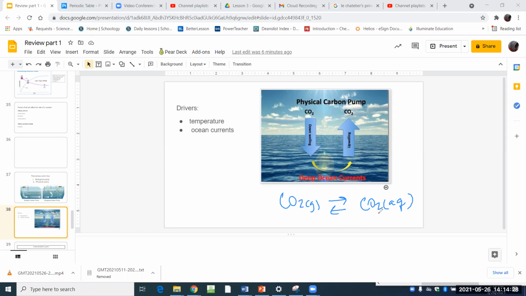Just like any reaction under equilibrium, it will be affected by temperature, and also by concentration, which I should have put in here. Looking at temperature, we talked about this before. Gases do not dissolve well in water if it's hot.